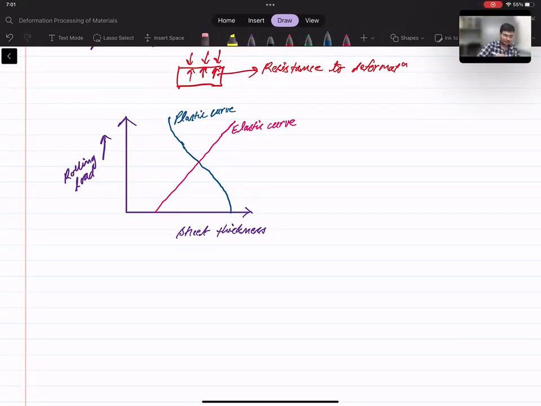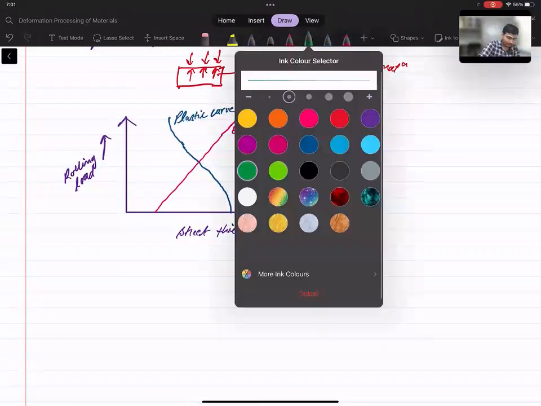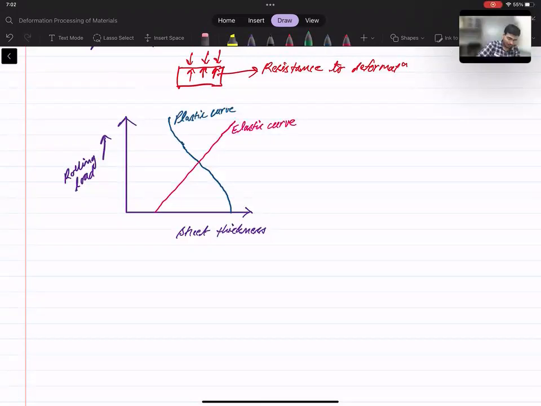Okay, so what this represents is, suppose we had an initial thickness h naught, and we try to reduce the thickness.